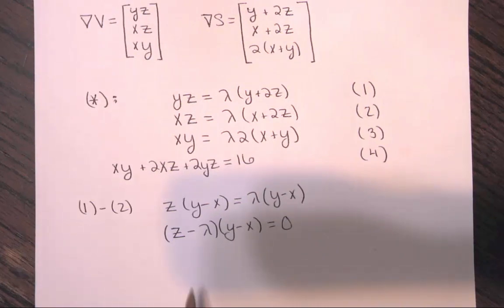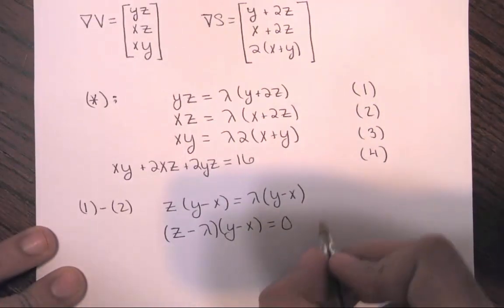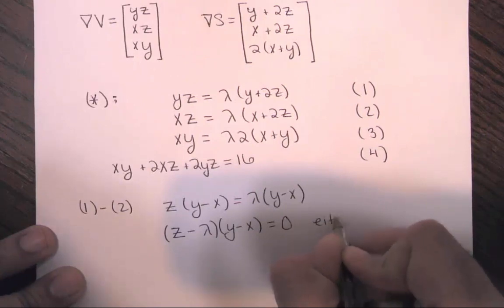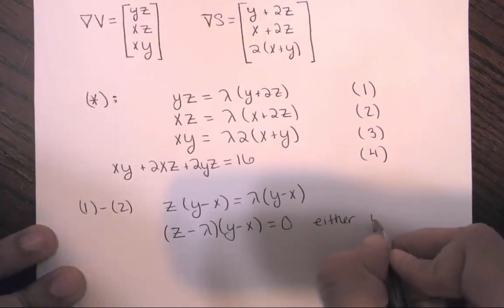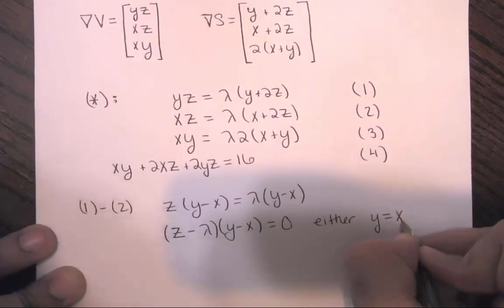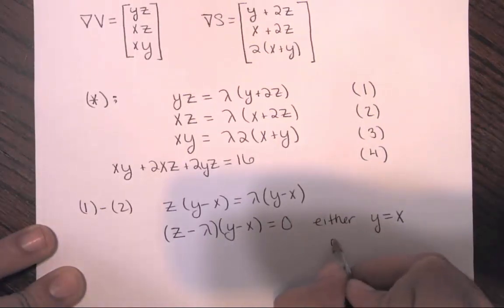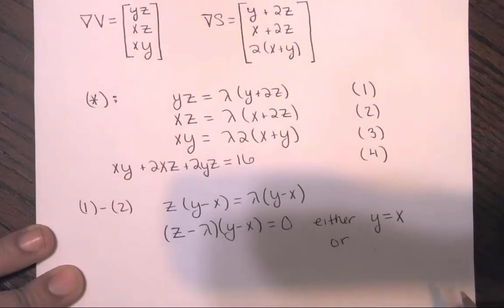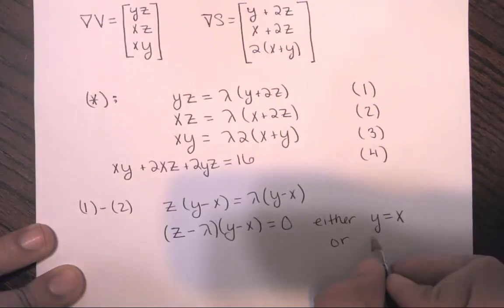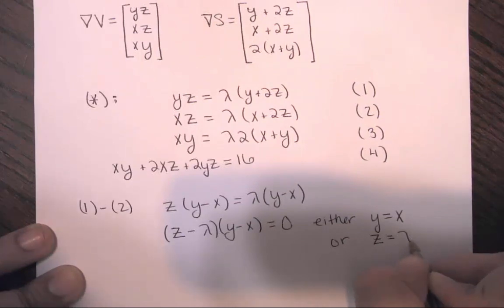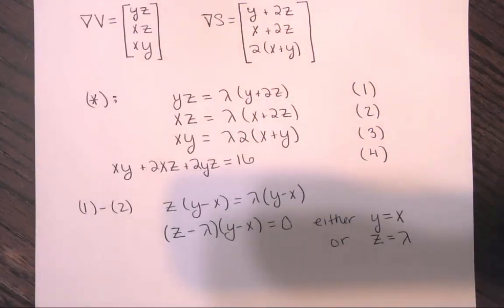Now, of course, one of these is 0, and, well, from our numerical experiment, we know which one. So either y equals x, that's if this term is 0, or I suppose I could say and or, z equals lambda.